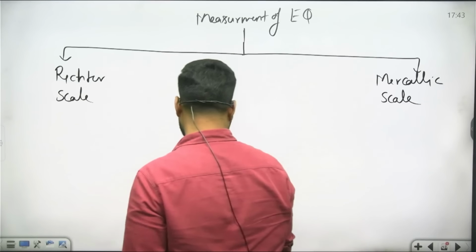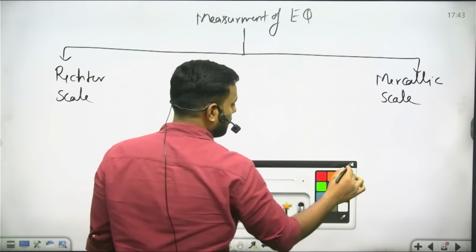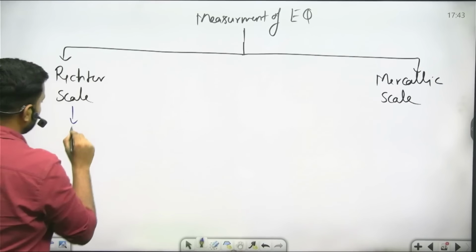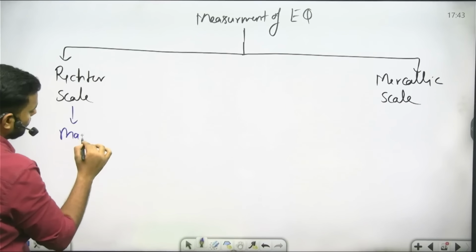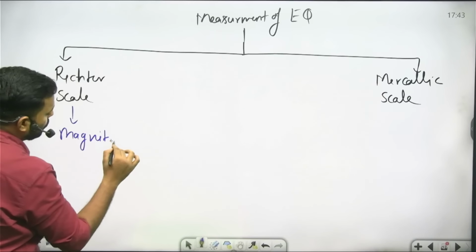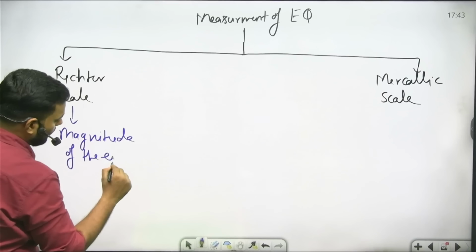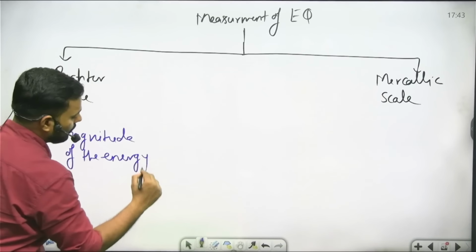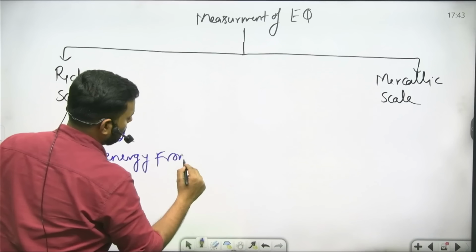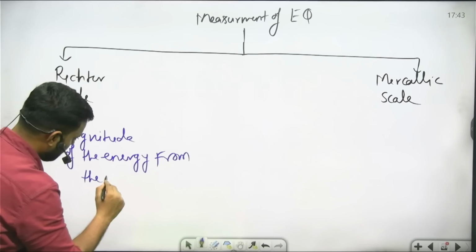Richter scale is measuring the magnitude of the energy from the focus.